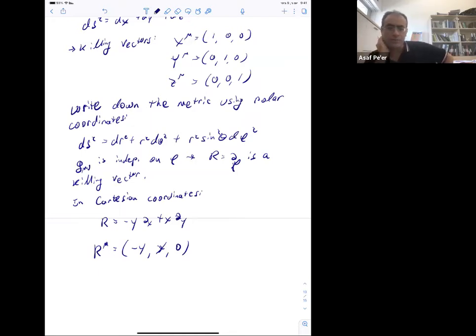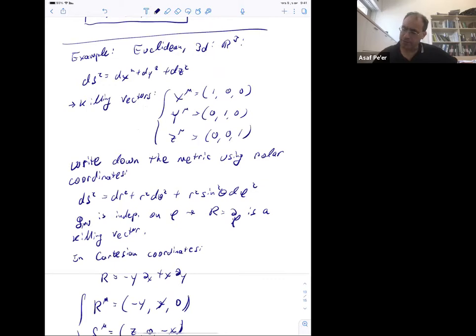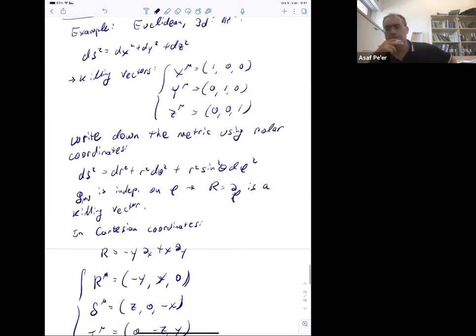You could have easily chosen rotation about the y or x-axis. And that would give us, just by symmetry, straightforward to show the other two Killing vectors. The S mu around the y, so it would be z, 0 and minus x. And what I call T mu, which is just 0, minus z, y. These are the 6 Killing vectors that this Euclidean space has.